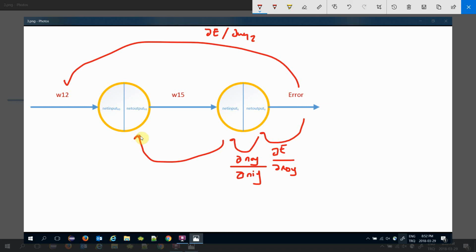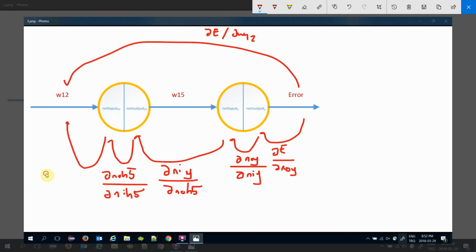After that, we can jump here: the derivative of net input y with respect to net output h5. After that, the derivative of net output h5 with respect to the net input h5, and finally the derivative of net input h5 with respect to W12.